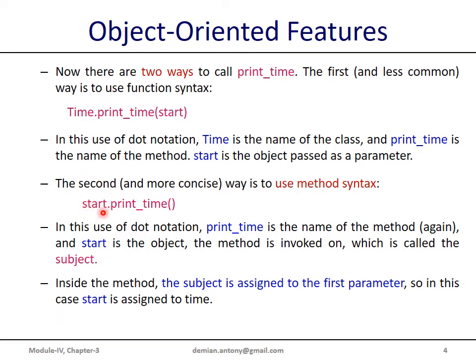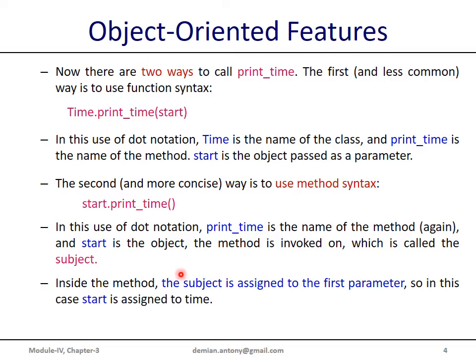This represents the object on which the method is invoked. The start is the subject. It is the object on which the method print time is invoked. That's why we call it the method syntax. Always we use a subject object to invoke the method.